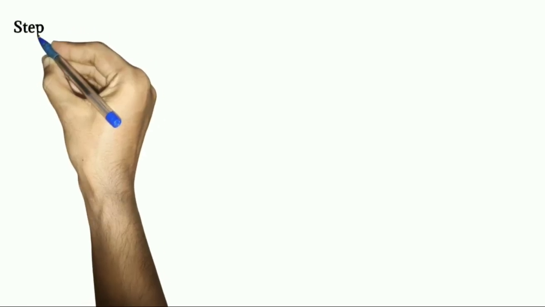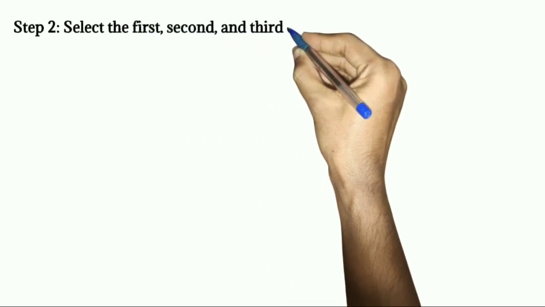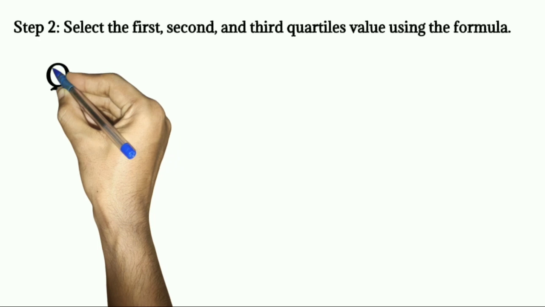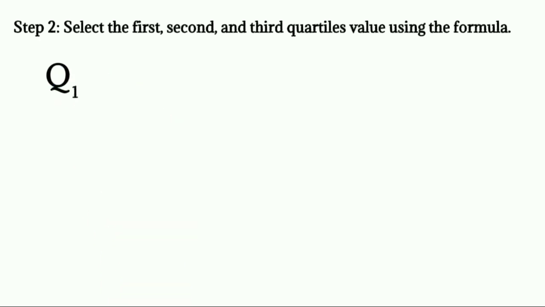After arranging the data in order, the next step is to select the first, second, and third quartiles value using the formula. The formula is quartile is equal to quartile location times the population or sample plus 1 divided by 4. I-compute muna natin yung first quartile. Since yung first quartile yung hinahanap, the quartile location is equal to 1.